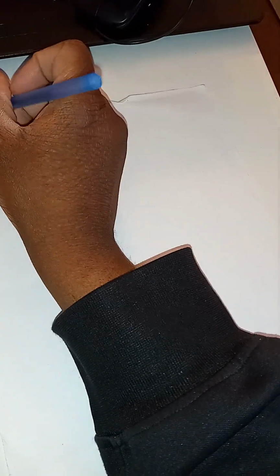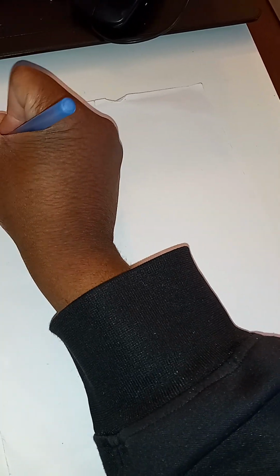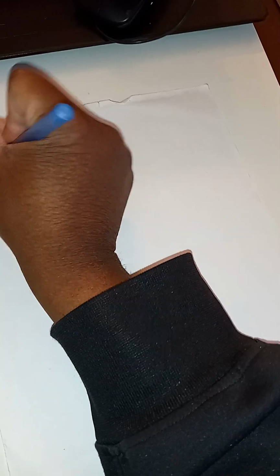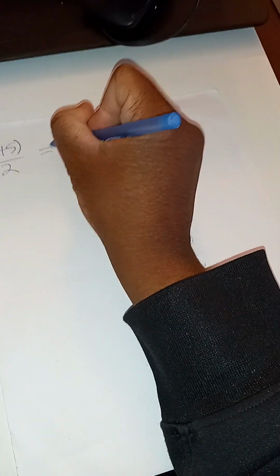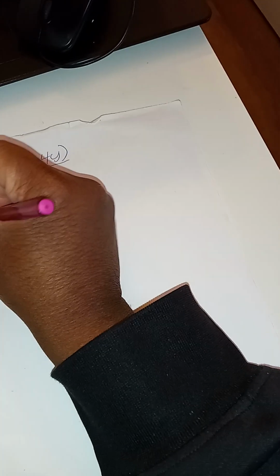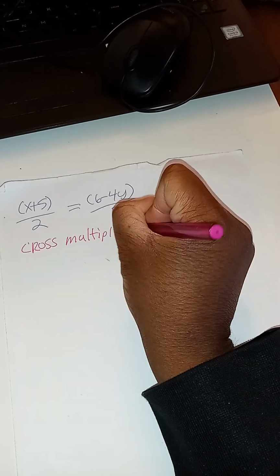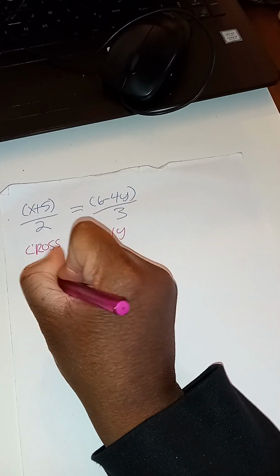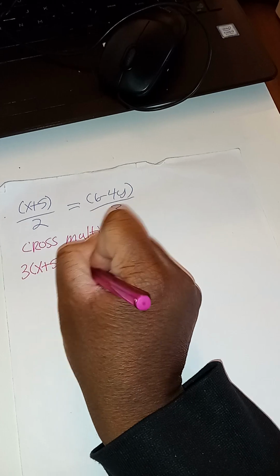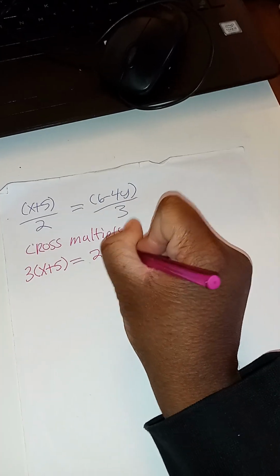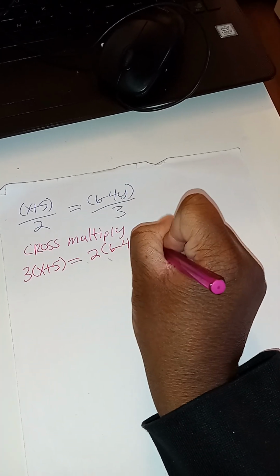So (x plus 5) divided by 2 is equal to (6 minus 4y) divided by 3. So we need to cross multiply, so that will turn into 3 times (x plus 5) is equal to 2 times (6 minus 4y).